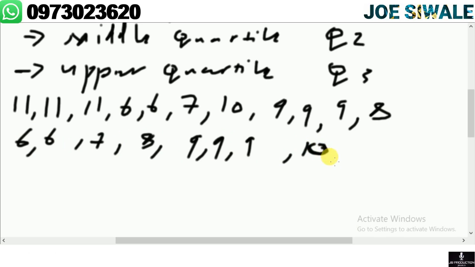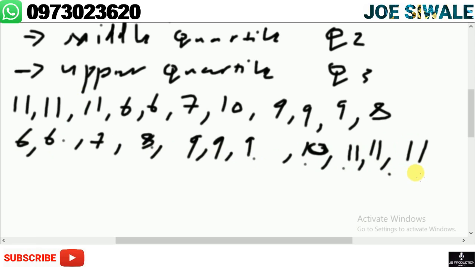Then from 10, we have 11, and another 11, and another 11. So we have arranged these numbers in ascending order, and let us count these numbers. These numbers are 1, 2, 3, 4, 5, 6, 7, 8, 9, 10, 11.